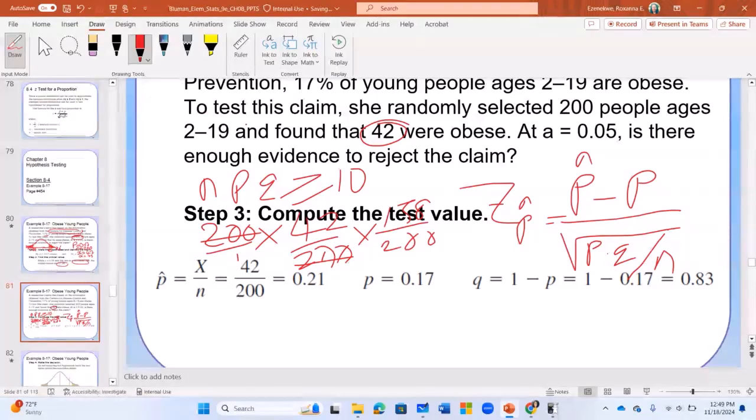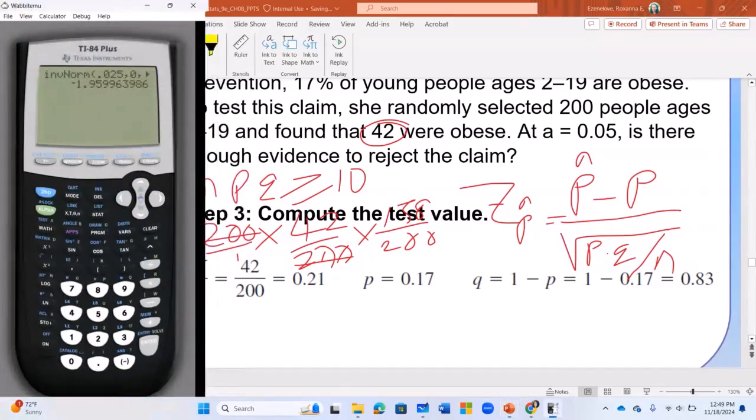The numerator is going to give me 42 multiplied by 158, divided by 200. And 33.18 is greater than 10. Therefore, it passed the test.